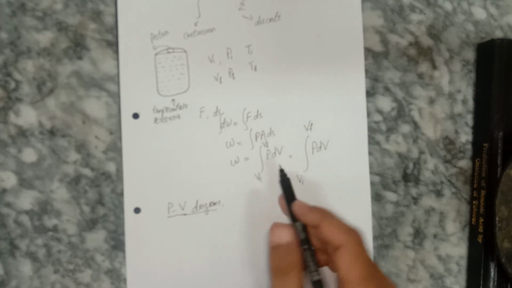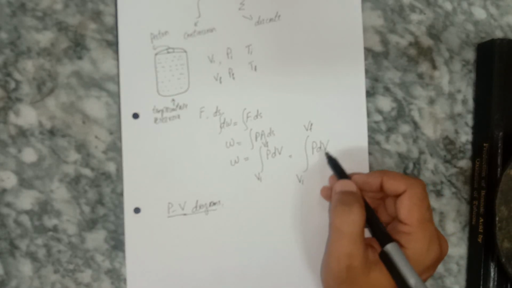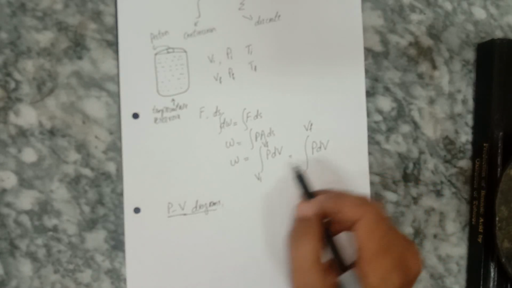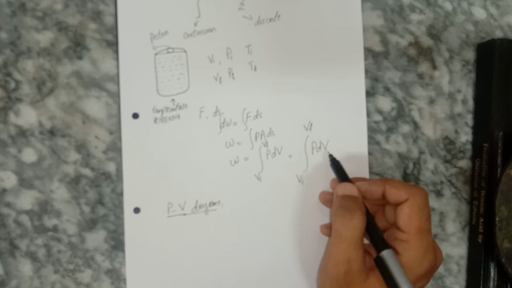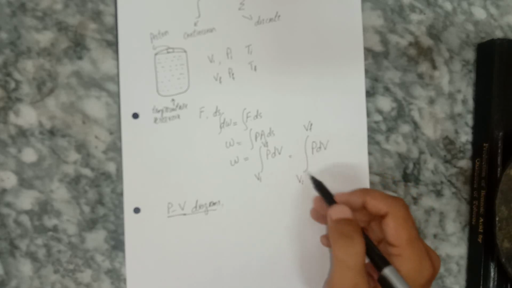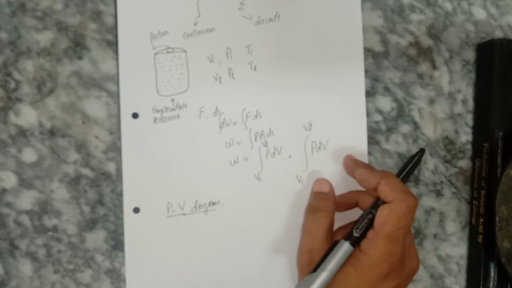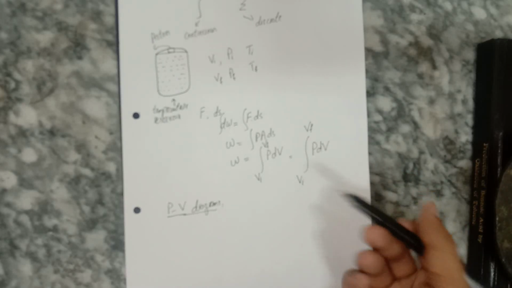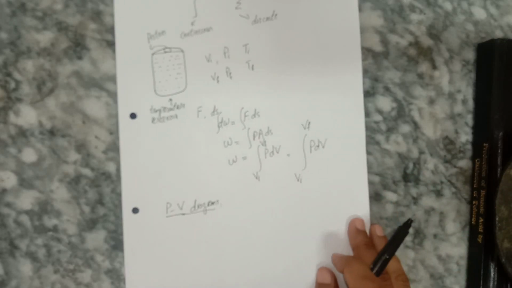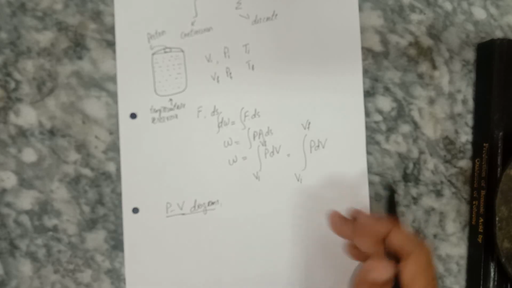Before going into that, we need to look at another thing: work done is the integration of pressure times change in volume. One meaning of integration, as I told earlier, is summing up. The other is area under the curve.